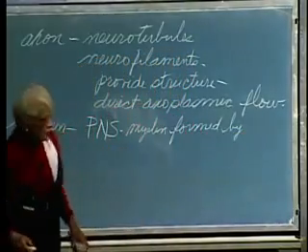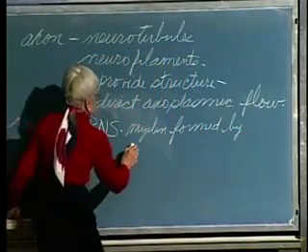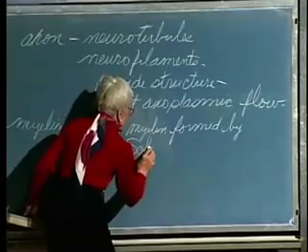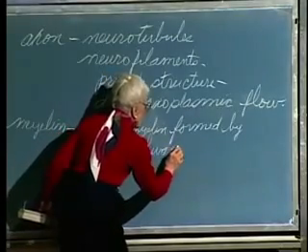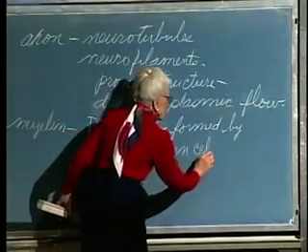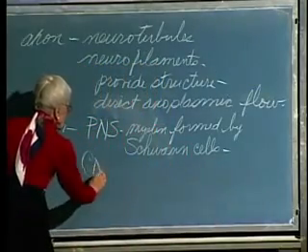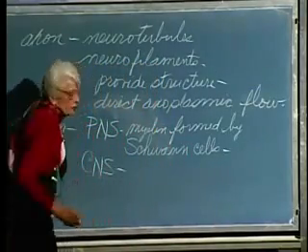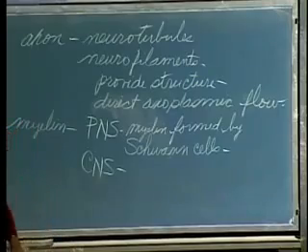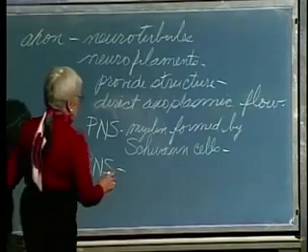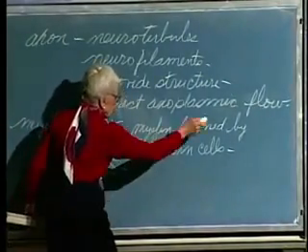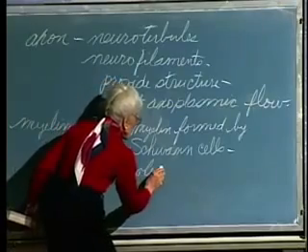Schwann cells, right. Schwann cells, after Mr. Schwann. In the CNS, myelin is formed from what? Oligodendrocytes, right. I'm not going to write formed again, but oligodendrocytes.